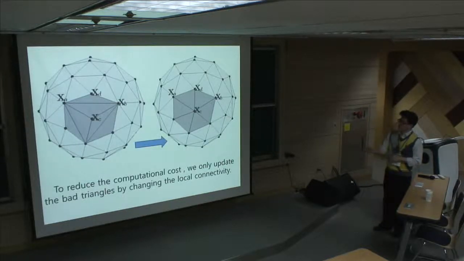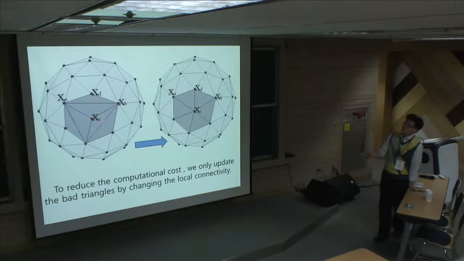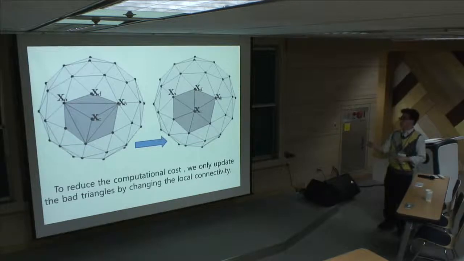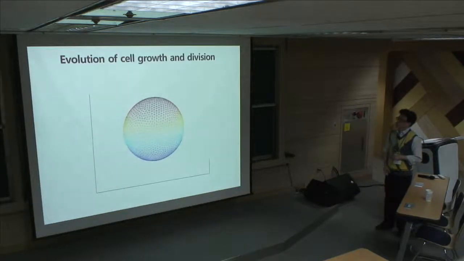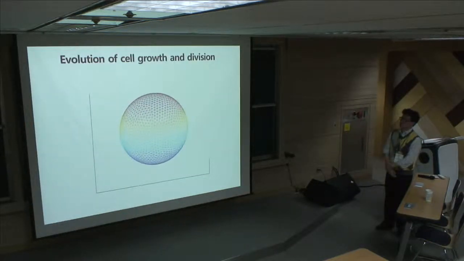And this one is to change the connectivity of the grid system. So this triangle is not good. For a numerical computation, a regular triangle is good. But it's distorted, so we reconnect the mesh connectivity. So this is the three-dimensional result.